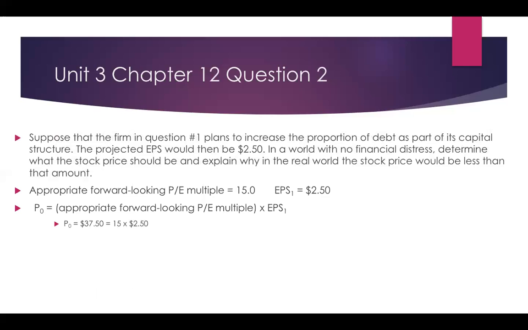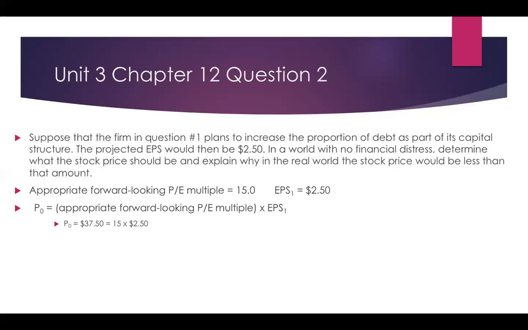The second part of this question asks, why would this not be the answer in the real world? And the reason is because anytime you add any outside financial distress to a stock price, it will cause some variation in the price. So ultimately, if you're looking at things in a perfect world, using an equation like this would always help you get the stock price.